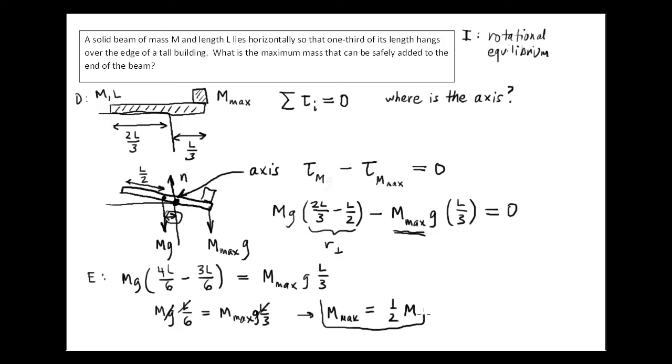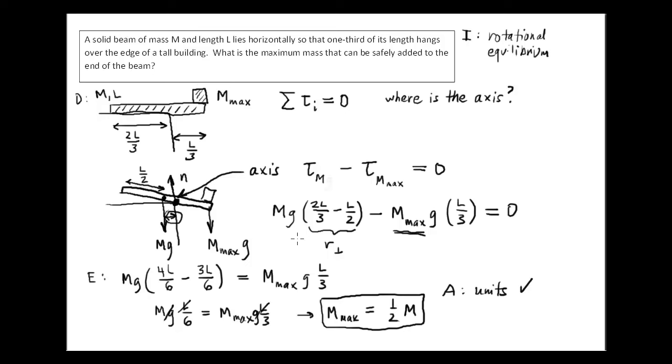So we can assess this very quickly. We see, of course, it's got the right units. M max is a mass, and so we've got some fraction of the mass of the beam. So the units are appropriate for mass. And it's hard to know whether the value of 1/2 is reasonable, but we know for sure that if this mass at the end were the mass of the beam, it certainly would send it over the edge.